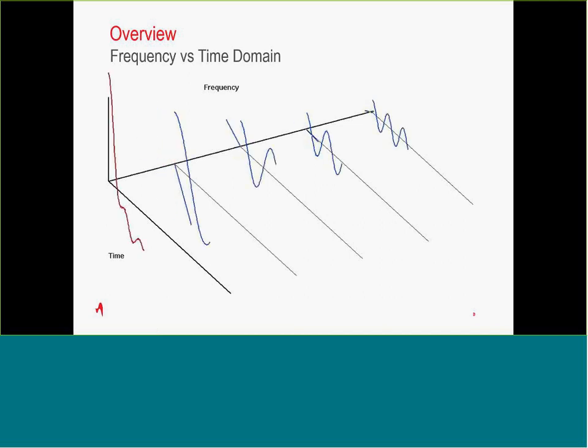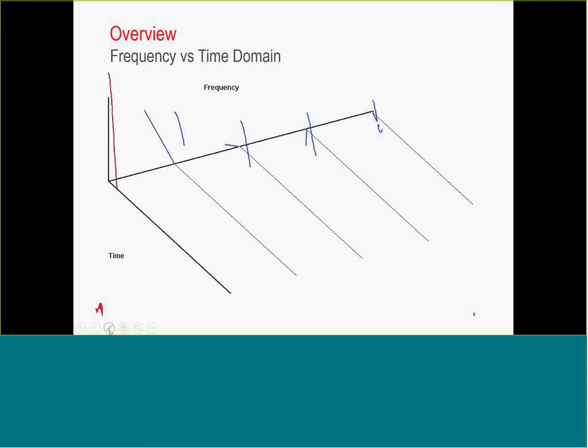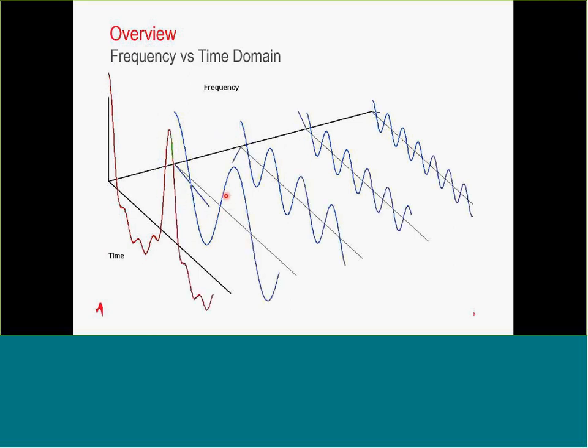You can see each of the frequency components, and they build when they are in phase. You can see that pulse, and they subtract, and then you can see that little dip here. So that's what the spectrum analyzer allows you to do, to look at the amplitude of each of those frequency components, not versus time, but in the frequency domain. The oscilloscope will show it to you in the time domain.